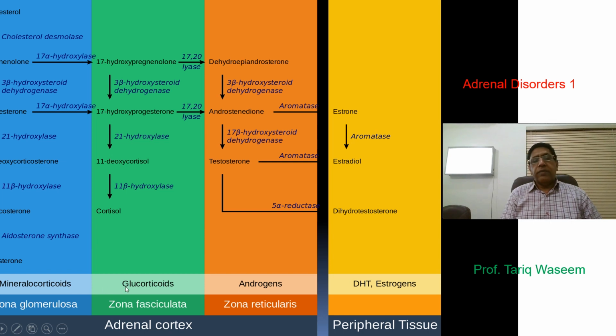If it is in the fasciculata, there is production of glucocorticoids, and if it is in the reticularis, it is production of the androgens.